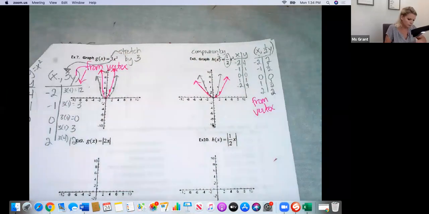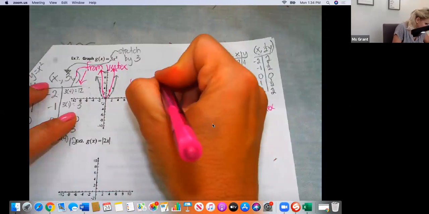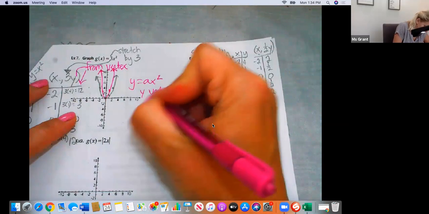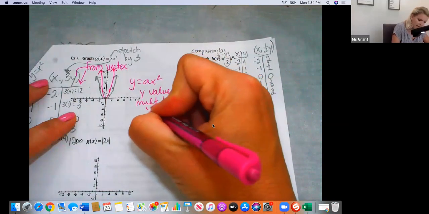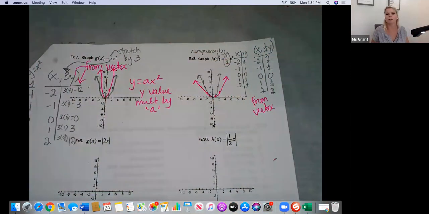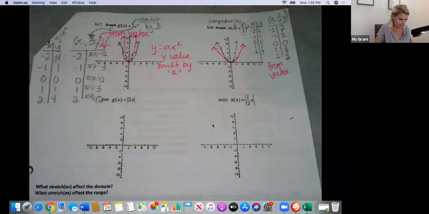Remember, this is my A on the front. The Y value is multiplied by my A. And this is normally what we see. This is a normal standard parabola. The A is in the appropriate spot before the bracket or parentheses.